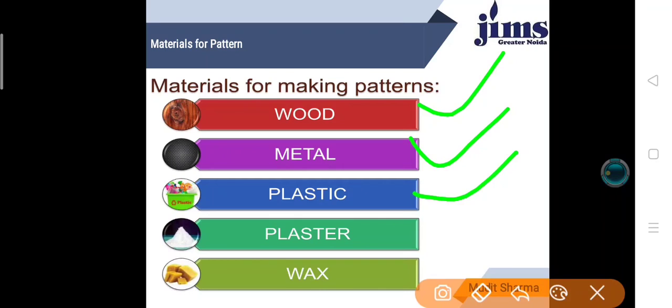Okay, so I hope you will understand with the help of this PPT. If I am going to discuss some demerits of these patterns, if I am using a wood pattern, then what are the common demerits of this pattern? It cannot stand rough use. We can't use it for rough work.